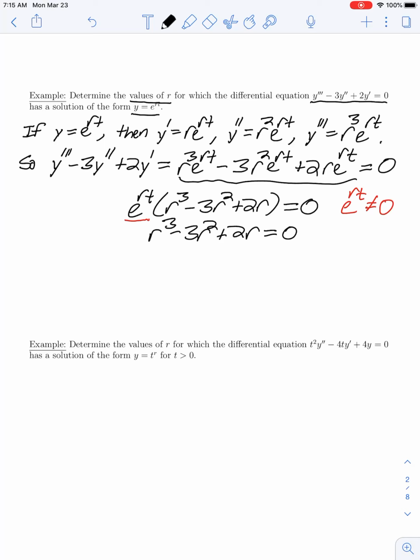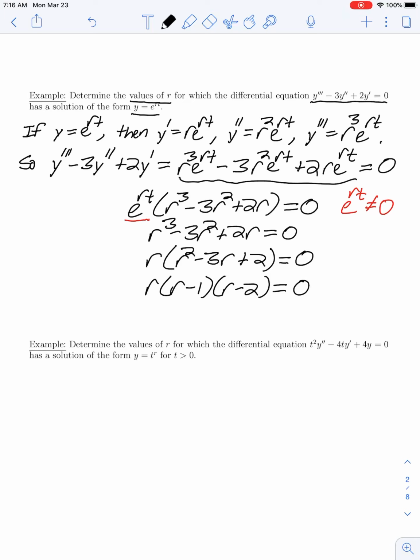So now from this polynomial, we can factor out an r, and we're left with r squared minus 3r plus 2 is equal to 0, and then that quadratic can be factored as r minus 1 times r minus 2.